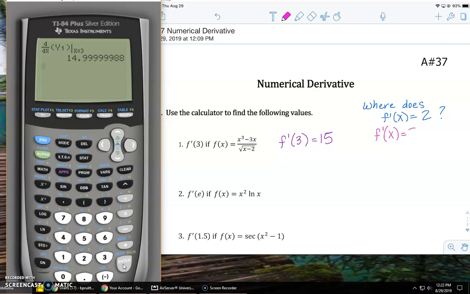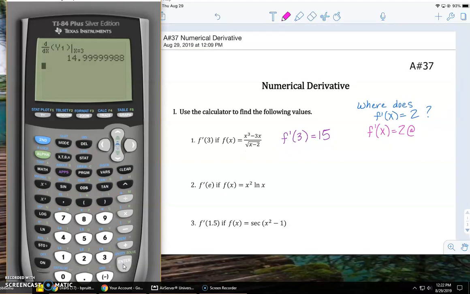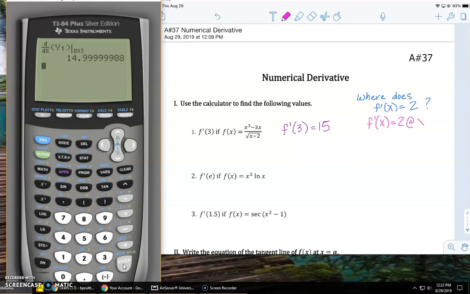F prime of x equals 2 at x equals, and then I'm going to get my answer. And you're like, well, how is it going to get the derivative? Here is my function. I am going to turn that function off. I'm not going to hit clear, I'm going to hit enter, which means the function is still in there, but the equal is not highlighted, so it's not going to graph it.